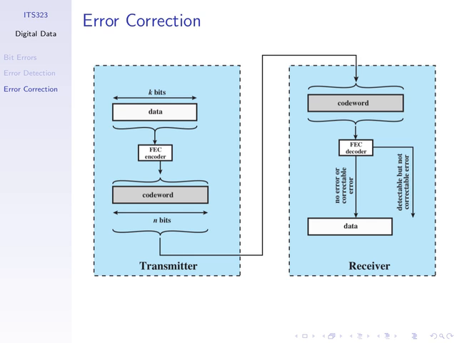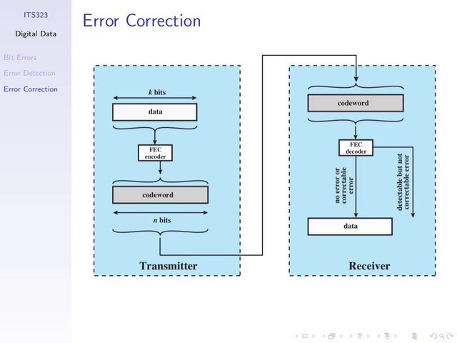We use what's called a forward error correction encoder. Instead of sending those k bits of data, we send a code word which represents that data. Another sequence of bits to represent that data. So there's some encoding that maps the input data to a code word.